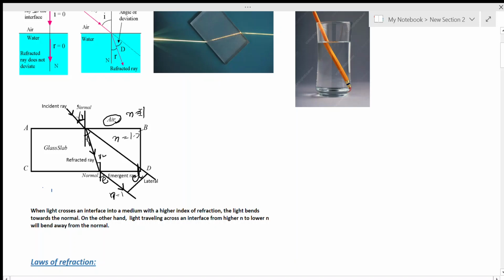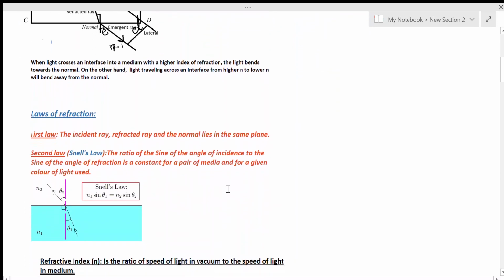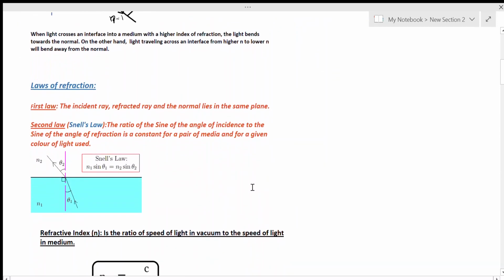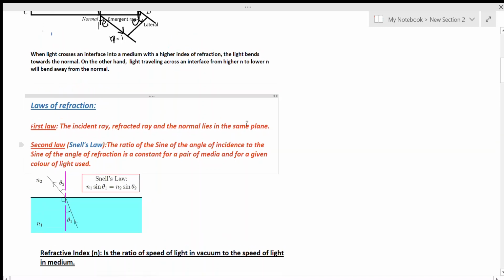Now coming to the next portion, laws of refraction. Like we studied in the previous portion of the lesson, there are two laws of reflection. Similarly, there are two laws of refraction also. The first law is very similar to the reflection laws. The incident ray, refracted ray and the normal lie in the same plane.